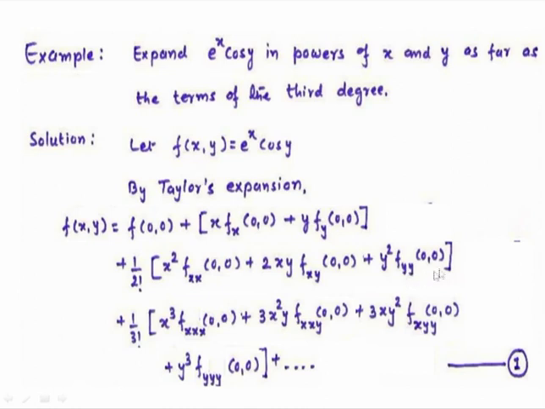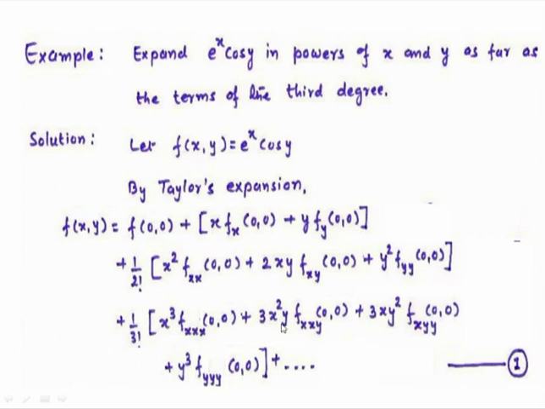into fyy at (0,0) plus 1 upon 3 factorial. These terms are necessary because in the question it is mentioned that we have to expand this function up to the third degree terms. So that's why we are writing. So x cube fxxx. So this is partial derivative of f with respect to x 3 times.